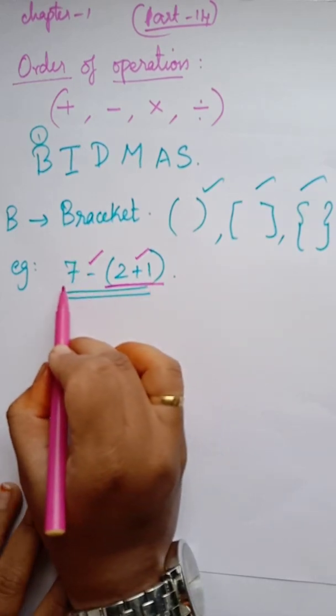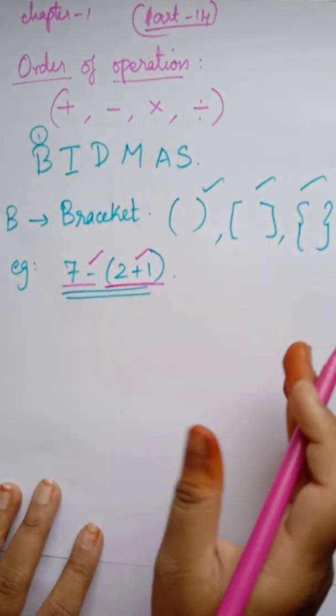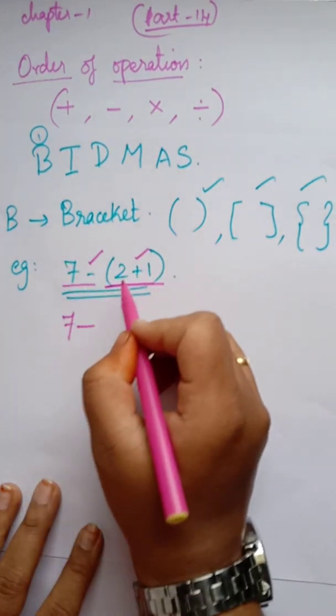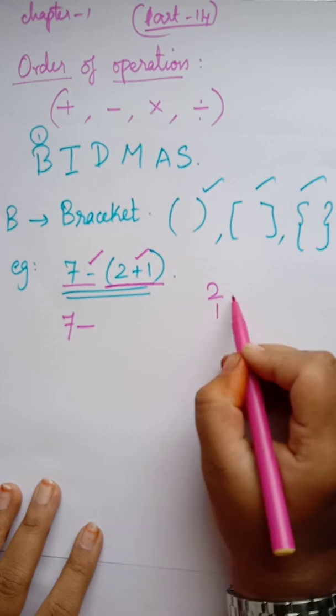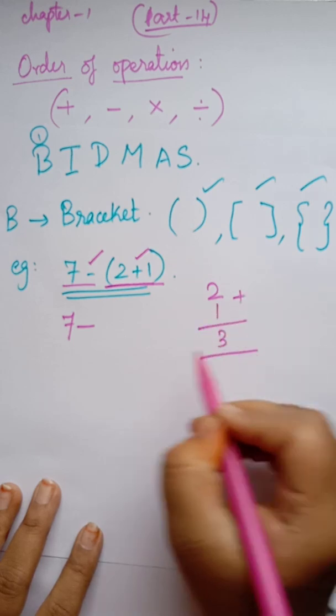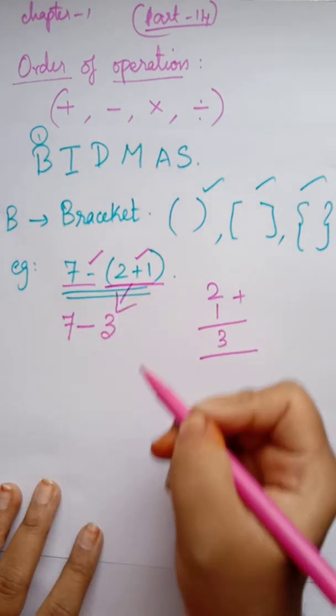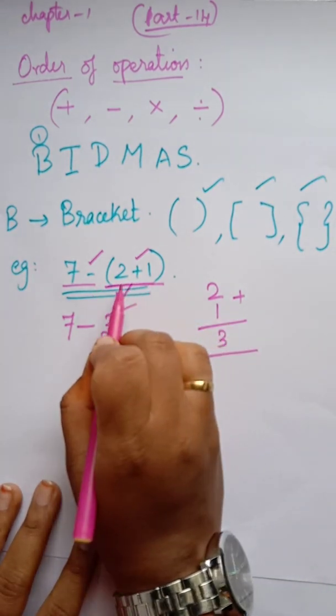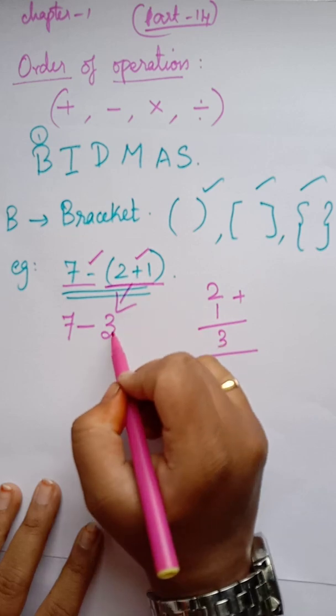The numbers before and after the bracket you write as it is, that is 7 minus. 2 plus 1 is 3, so you replace it here. For 2 plus 1 you replace 3, right?